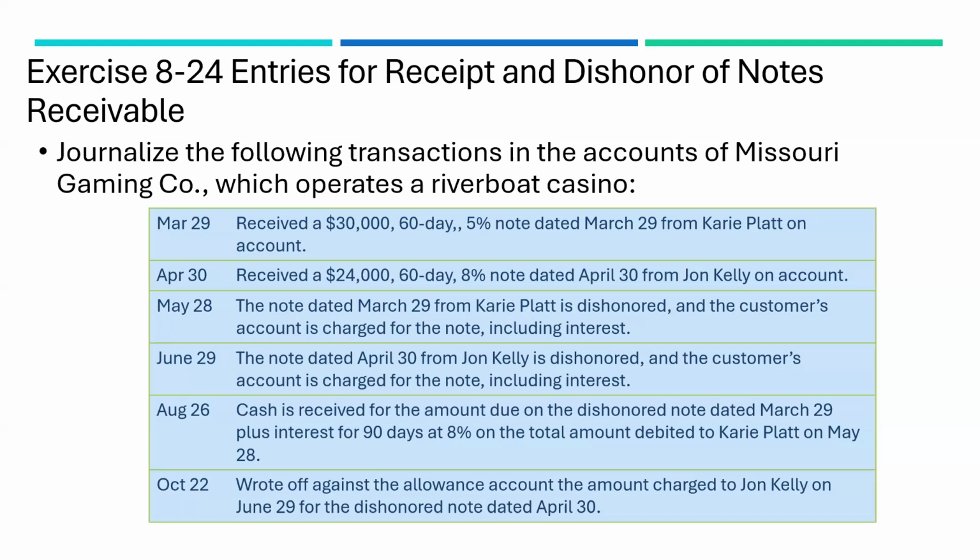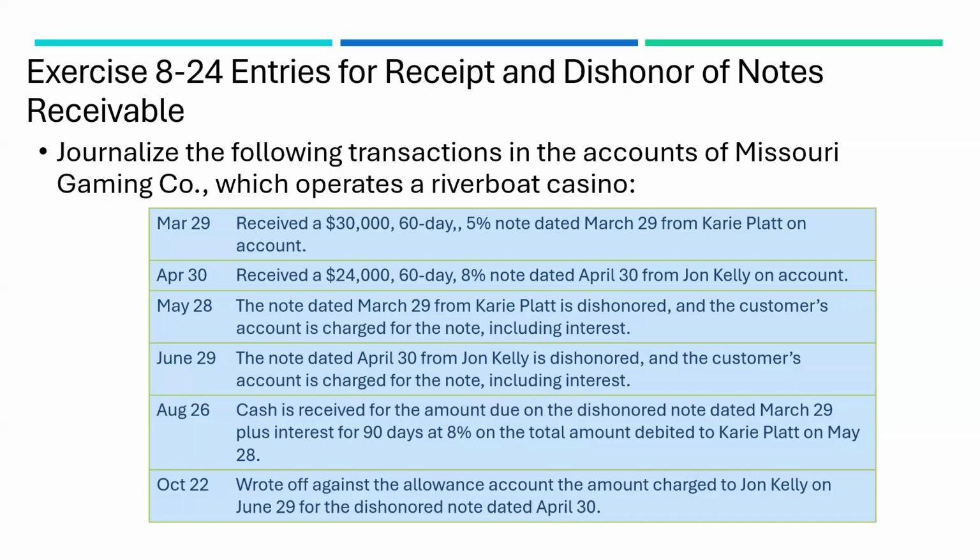So journalize the following transactions in the account of Missouri Gaming Company, which operates a riverboat casino. Initially we have received a note, $30,000 for 60 days, 5%, dated March 29th, from Carey Plant on account.